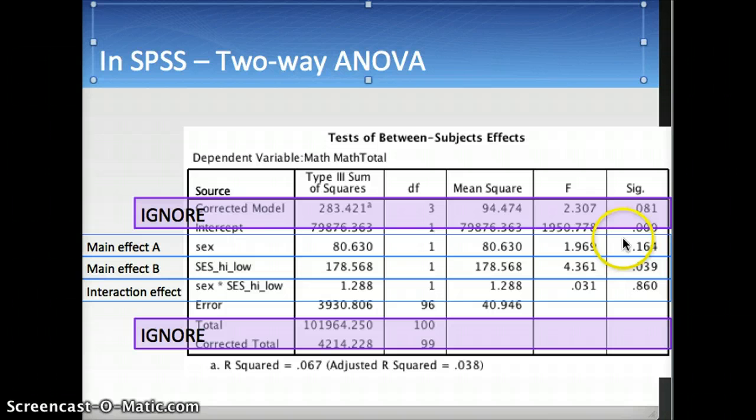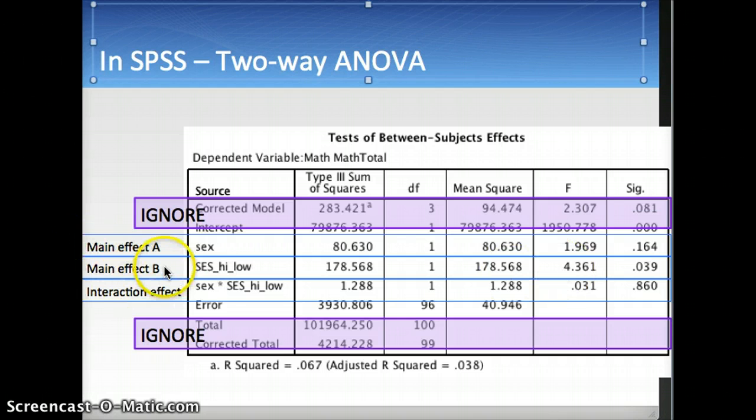So to get this F value, we divide 1 by 40. We get 0.031, and this is a non-significant F value. Then, for the main effect of the gender factor, we get a mean square of 80. 80 divided by 40 is about 2, 1.96, and this also is a non-significant F value.